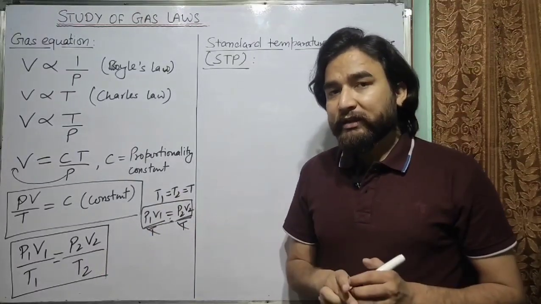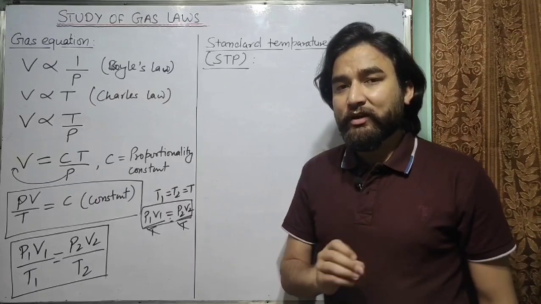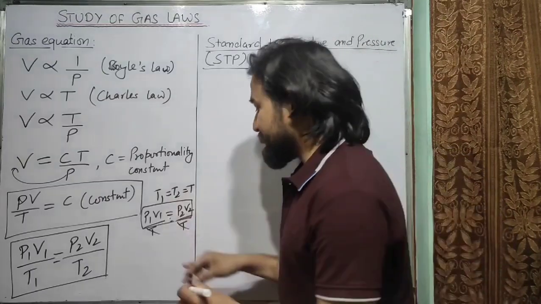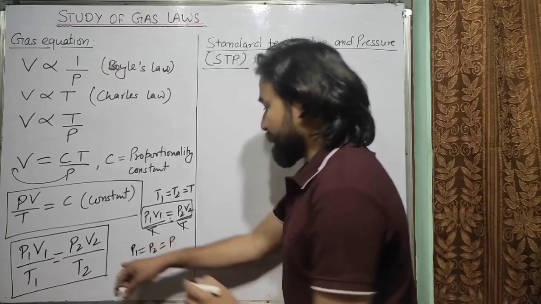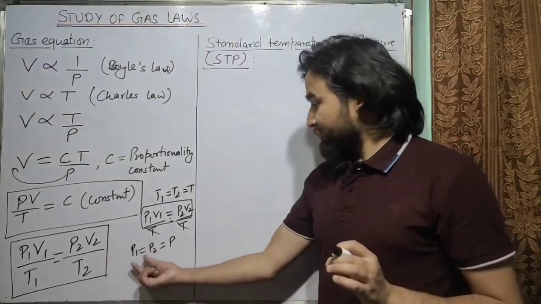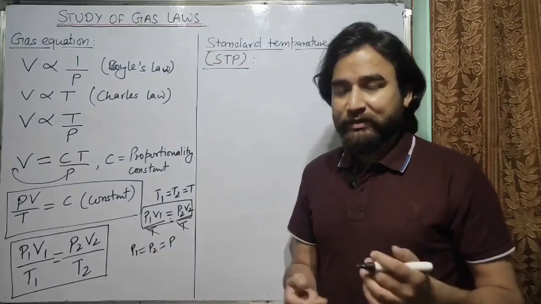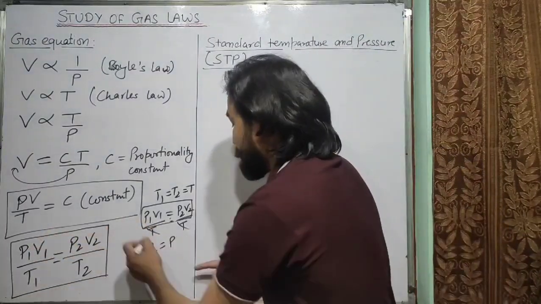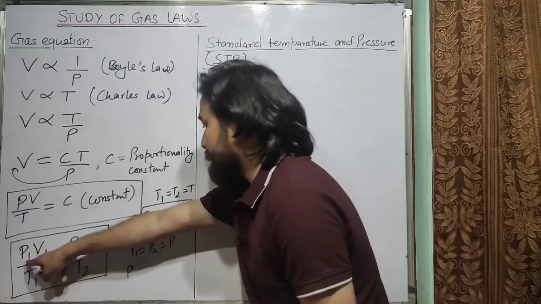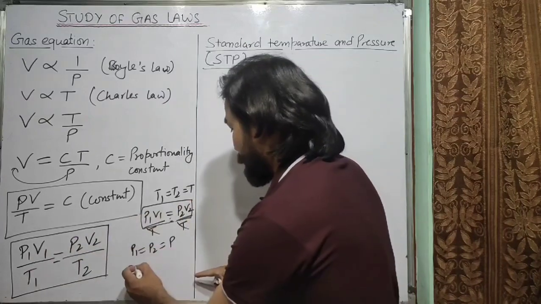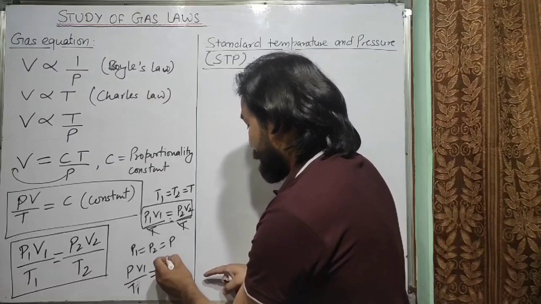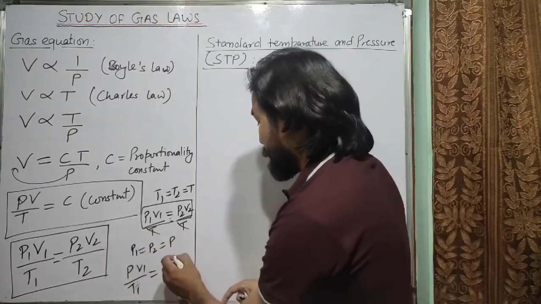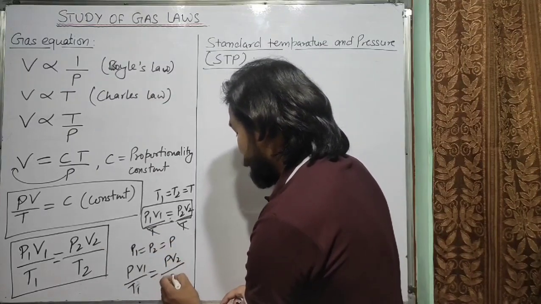Similarly we can also get the condition of Charles' law. What is the condition of Charles' law? Constant pressure. So let us say P1 equal to P2 equal to P. If the pressure is constant, then P1 and P2 will be the same. So instead of P1 we put P into V1 by T1 is equal to P, because P2 is also equal to P, into V2 by T2.